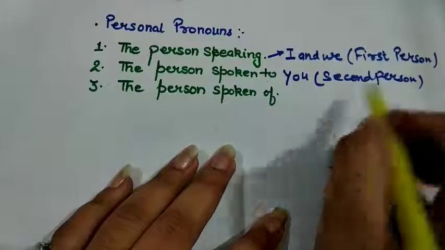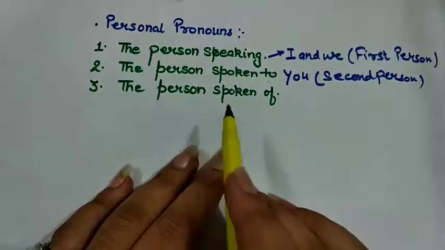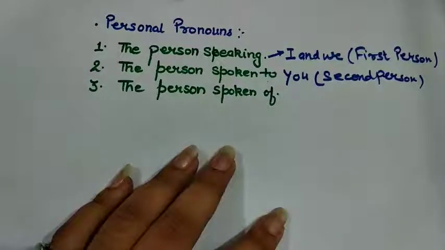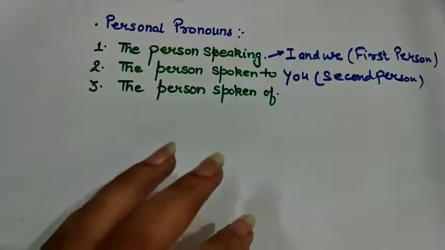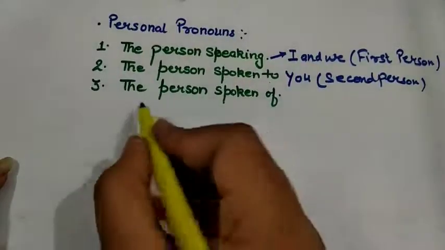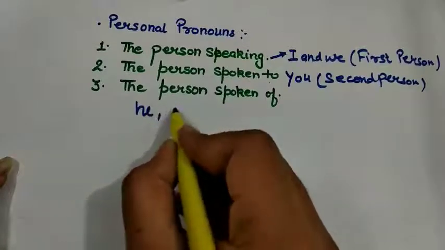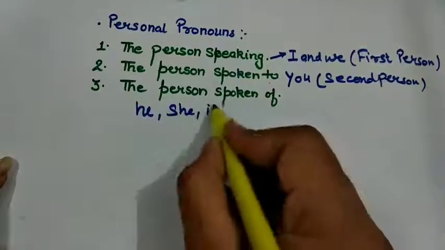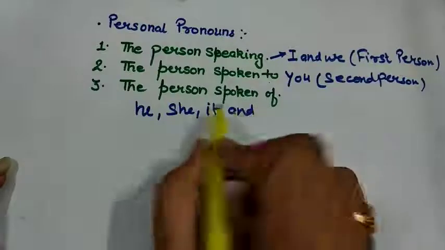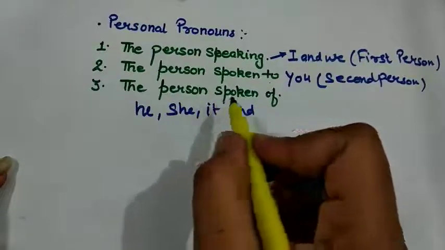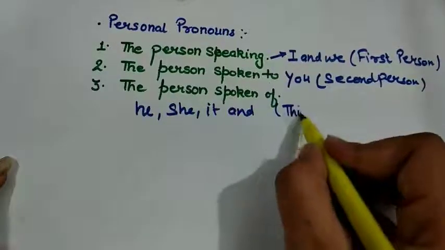And the third one is the person spoken of, like the one about whom I am talking. And we use the pronouns he, she, it, and they for such persons, and they are called third person.